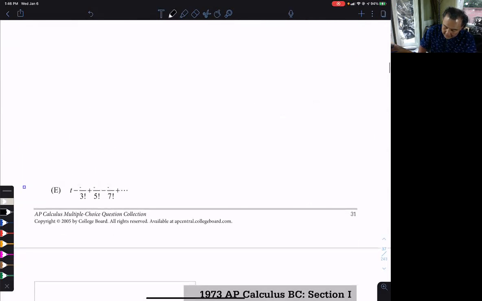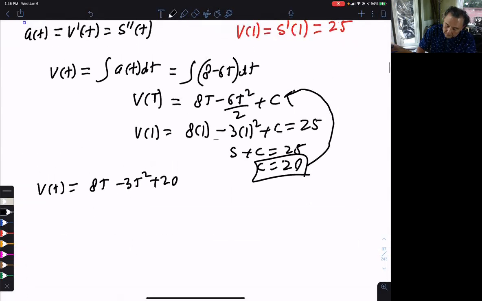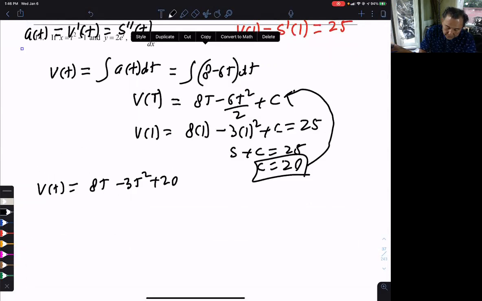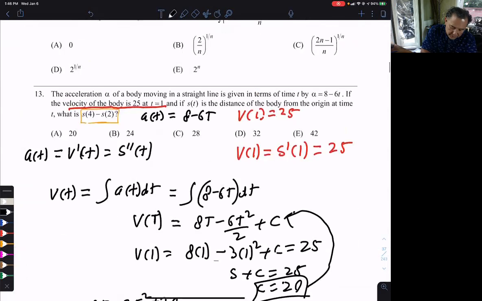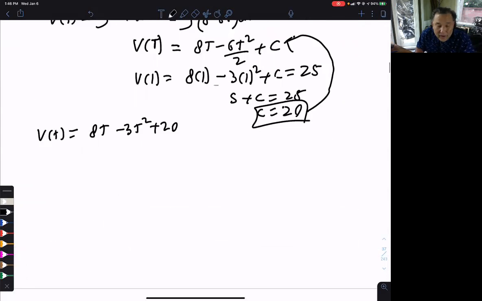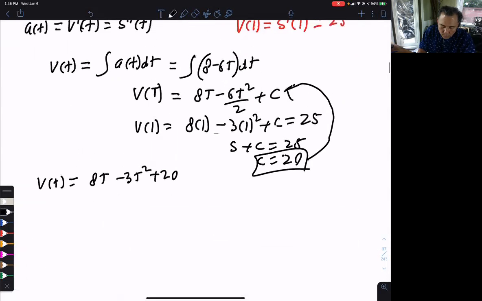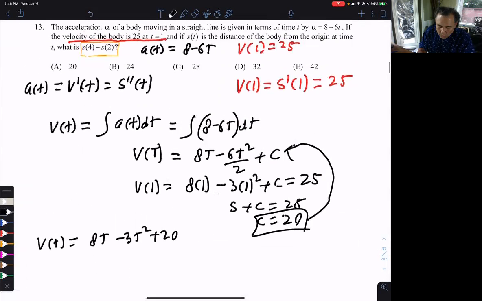Let me lower this down here. Whoops. So now I have velocity, but here is the important thing. What are we looking for? S of 4 minus S of 2. Let me remind you of the fundamental theorem of calculus.